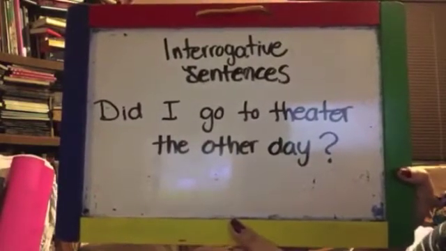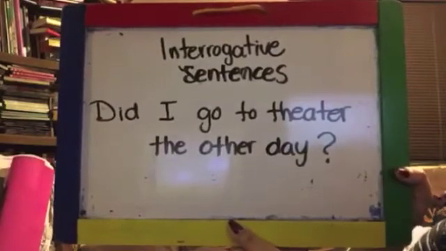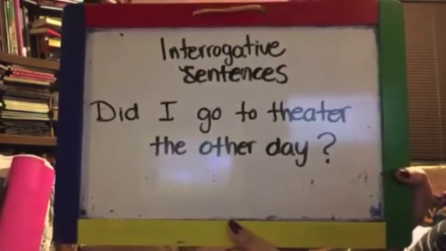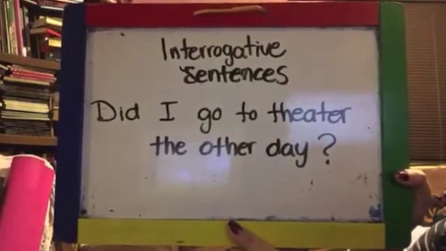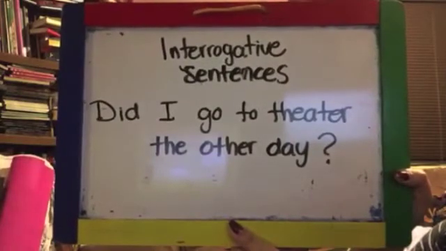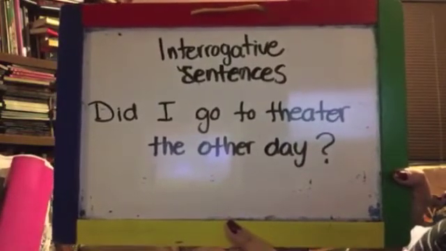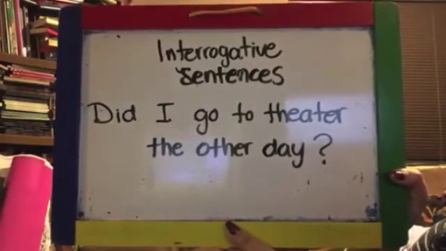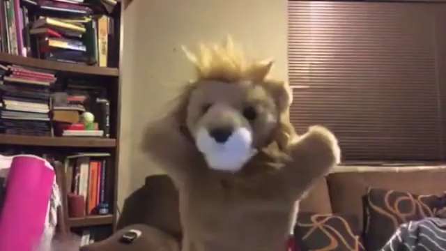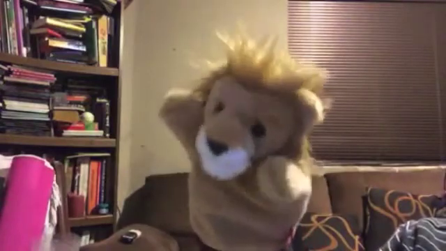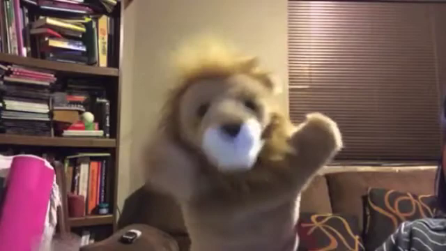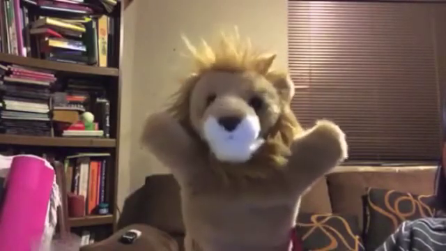Now we have the complement to theater, and we have again the indefinite point in time, followed by a question mark. So this sentence will be read, did I go to theater the other day? So we know that this sentence is in past because of the auxiliary verb did.